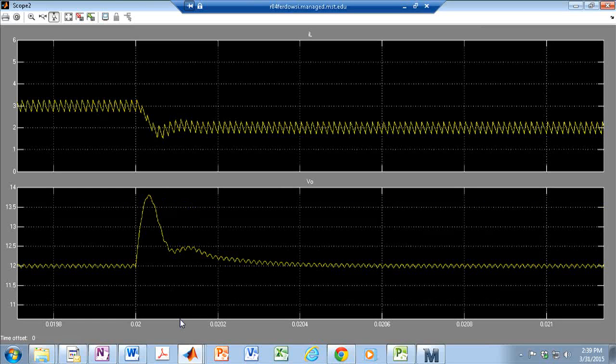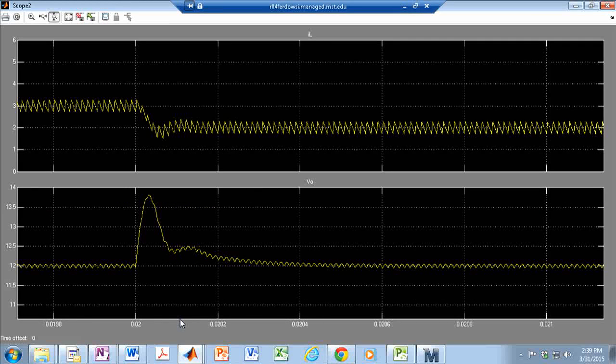The overshoot in terms of the peak value is almost the same. It gets close to 14, like 13.75, so we didn't really improve that. But in terms of recovery time, it's doing a little bit better. The previous one took about 0.5 milliseconds to recover. This is taking maybe 0.4, a little bit better than that.